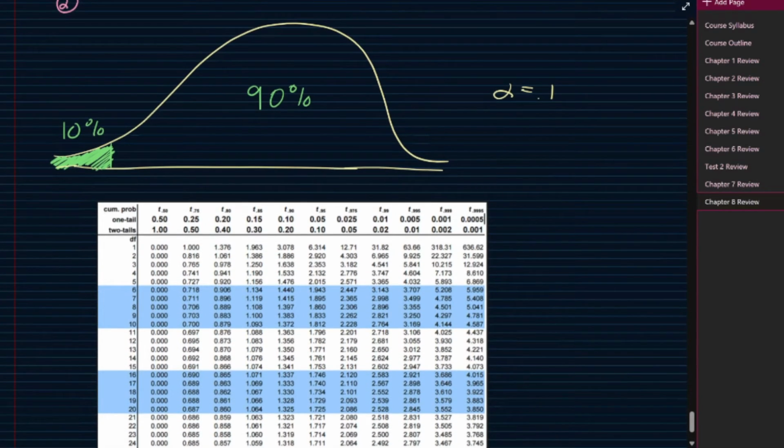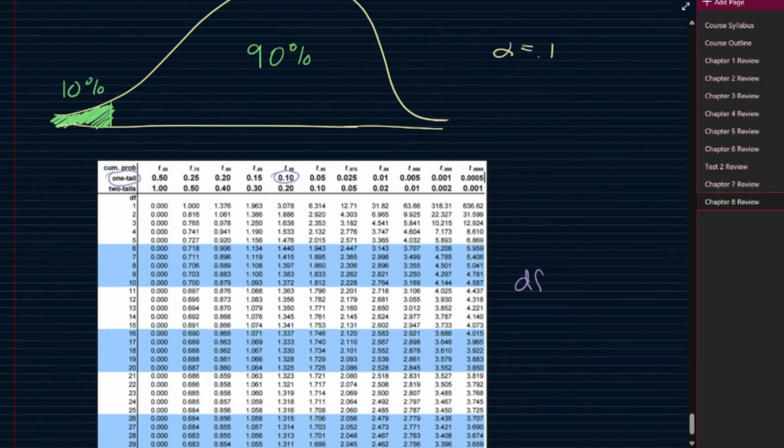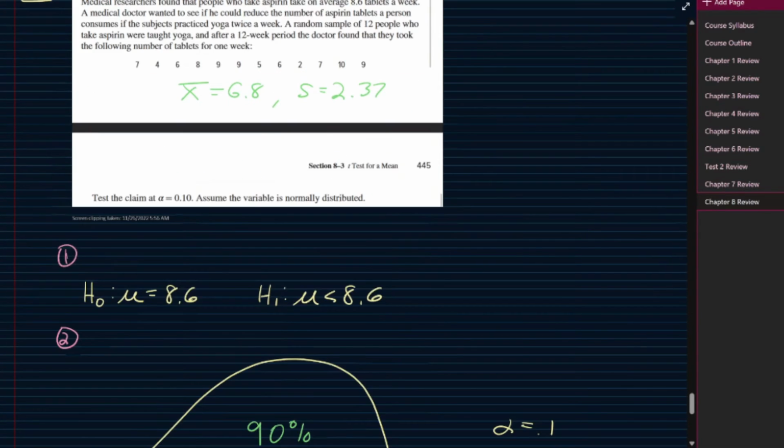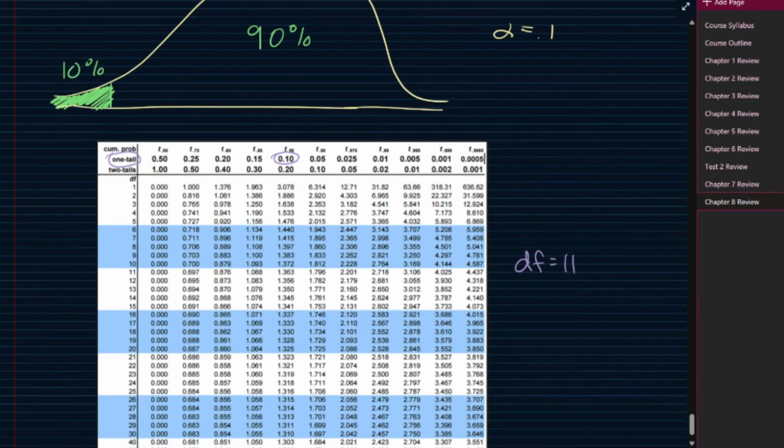So we've got to look at one tail, and this is talking about alpha. So in this case, our alpha is 0.1. And what's our degrees of freedom here? 11, because 12 minus 1, we get 11. There's 12 people in the study here. So our degrees of freedom is 11, so it ends up being 1.363. It's going to be negative of that, though, because it's on the left.